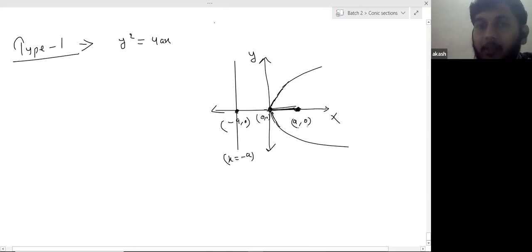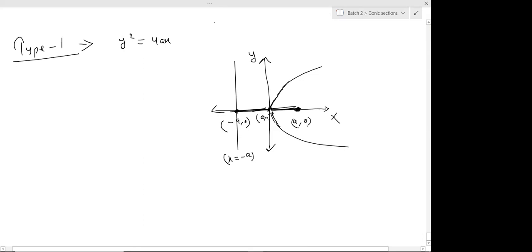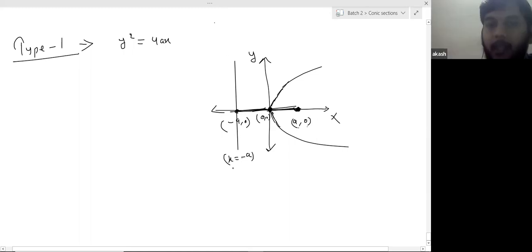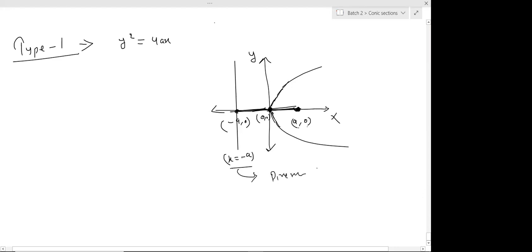So the directrix should also lie at a distance a, right? So 0 comma 0 is this, so this has to be minus a comma 0. So the equation of the line would be x equals minus a. This is the equation of the directrix, all right? Everyone clear? Yes, sir.